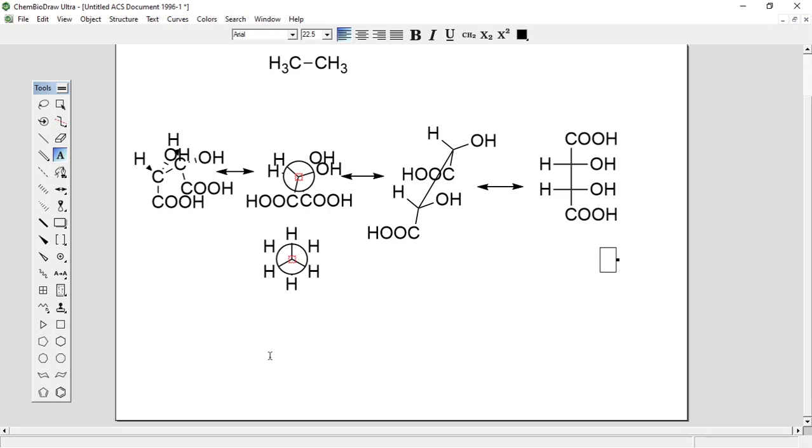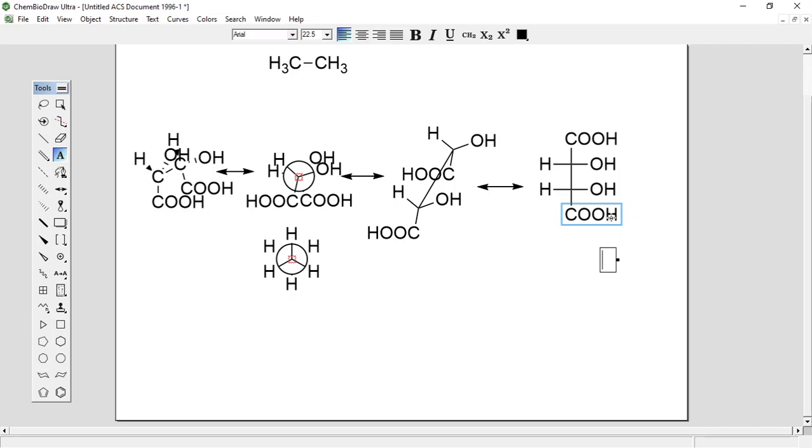So this is the interconversion of tartaric acid into different projection formulas, that is solid and dashed line, Newman projection formula, then your Sawhorse projection formula, and Fischer projection formula.